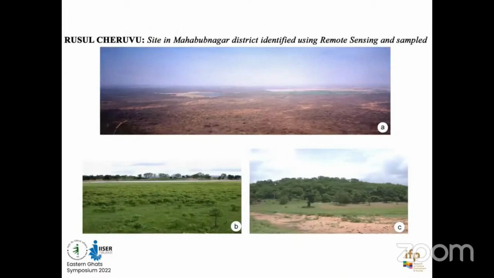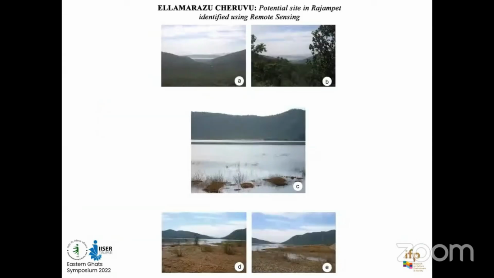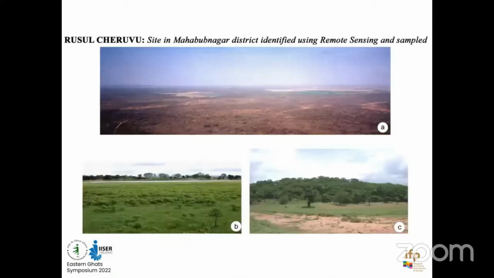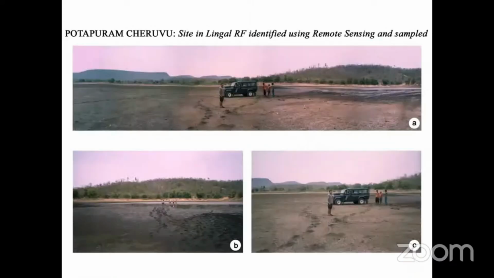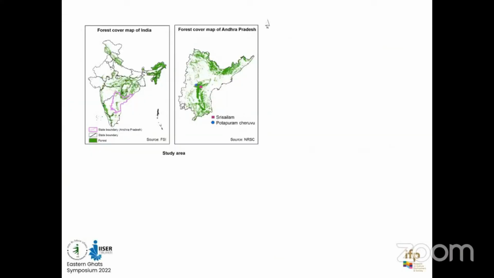This one is Rushul Cheruvu in Mahbubnagar district. The previous one is actually in Rajampet, and it's Ellamarazu Cheruvu. And then finally this one, Kotapuram Cheruvu, which is the one which I'm going to present the results of. This was identified in Lingal RF, and it was sampled for pollen. And this is actually the location of the site.